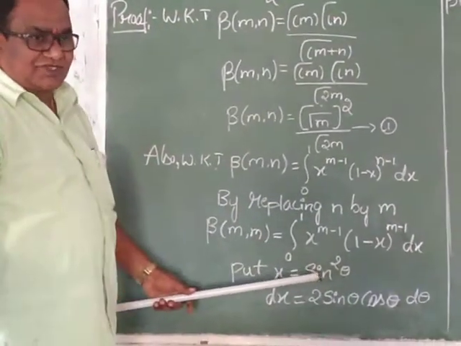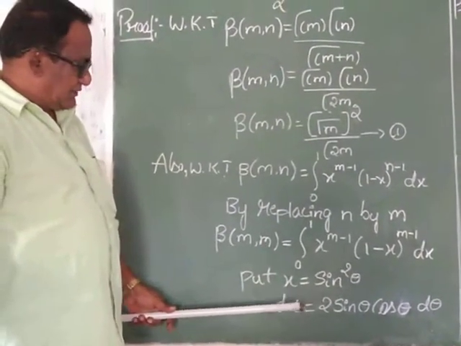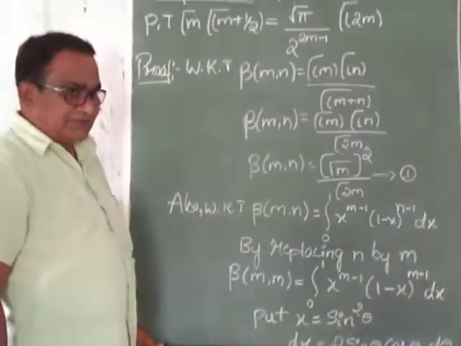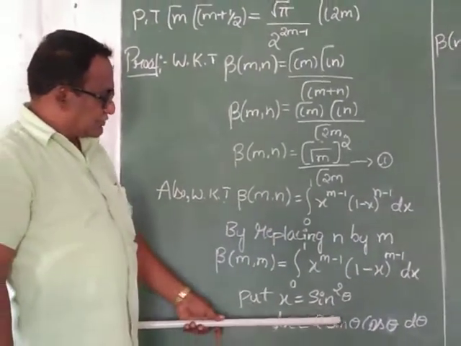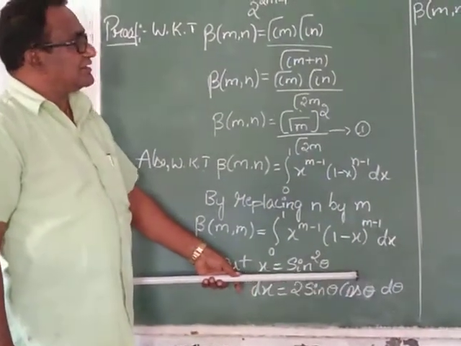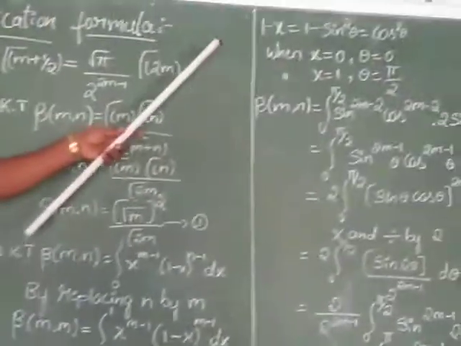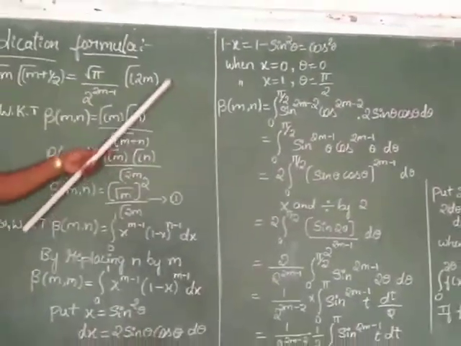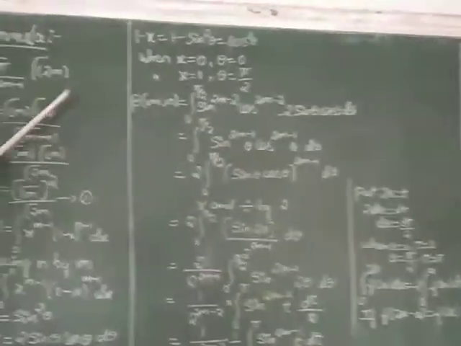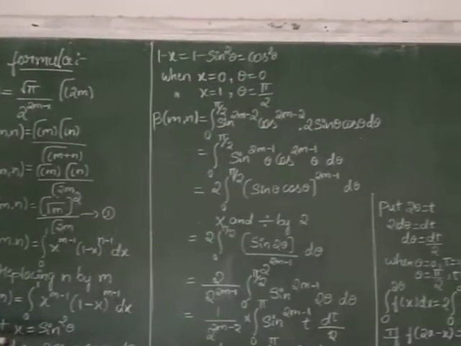Put x is equal to sin square theta here, which implies that dx is equal to 2 sin theta cos theta d theta, and 1 minus x is equal to 1 minus sin square theta, which is cos square theta.